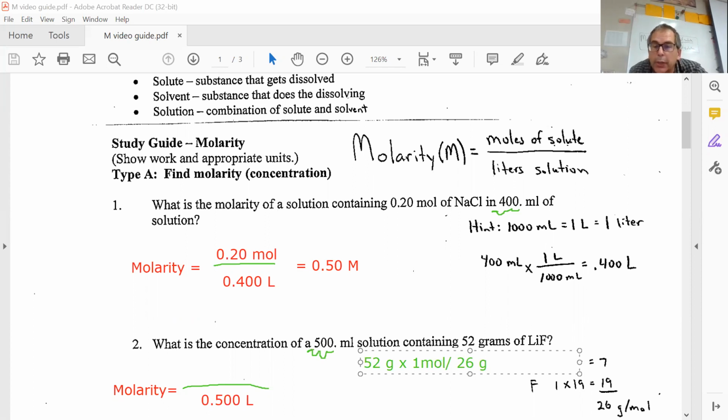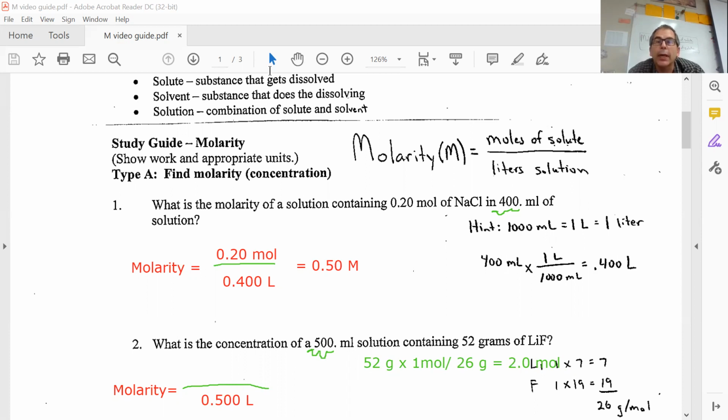Or you can just do 52 divided by 26, and that's going to equal 2.0 moles. I think we can see that 52 divided by 26 leaves me with 2 moles. So I convert my grams to moles.